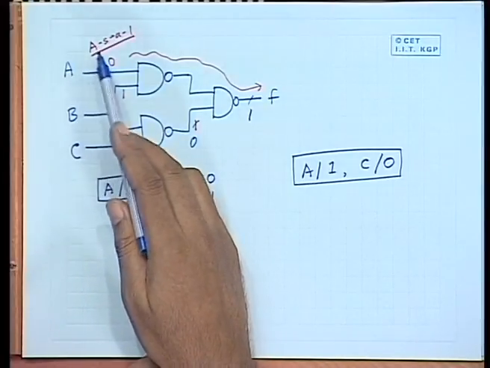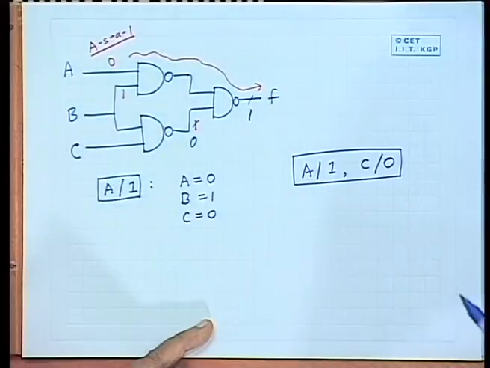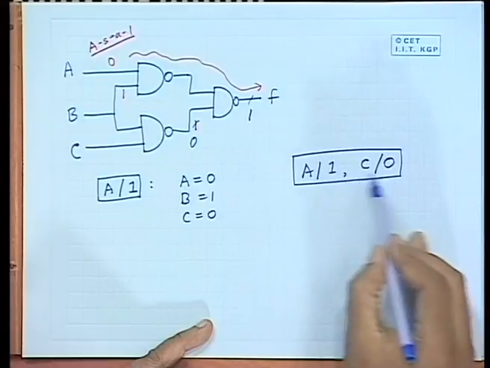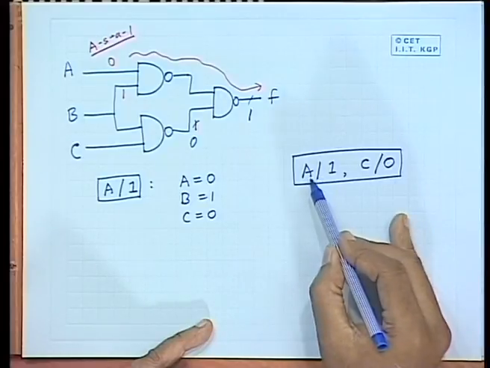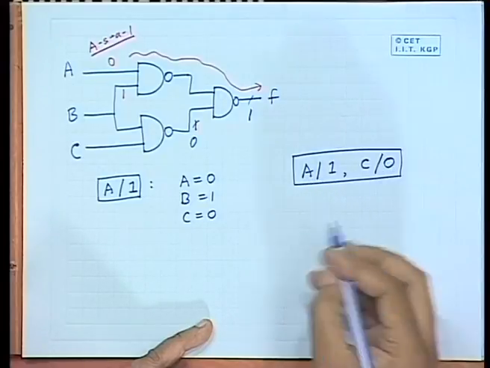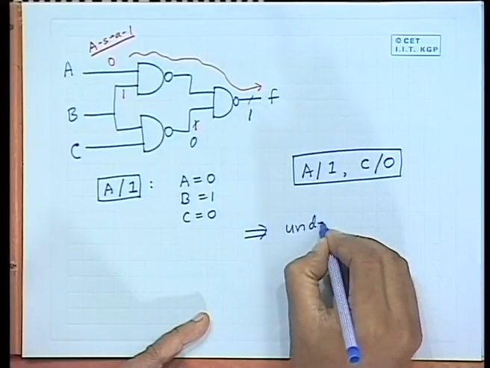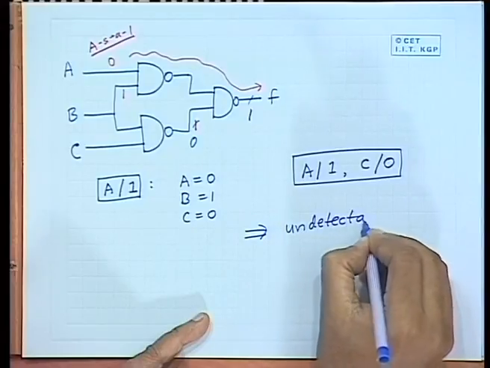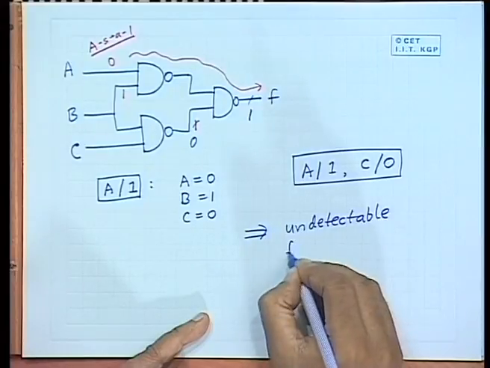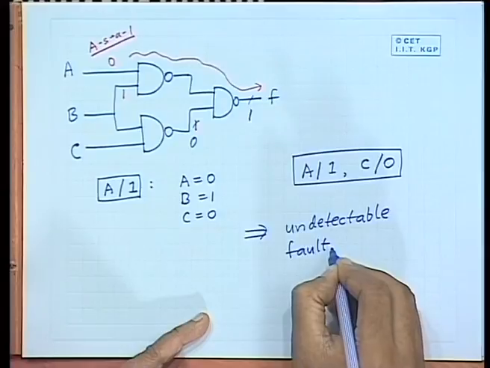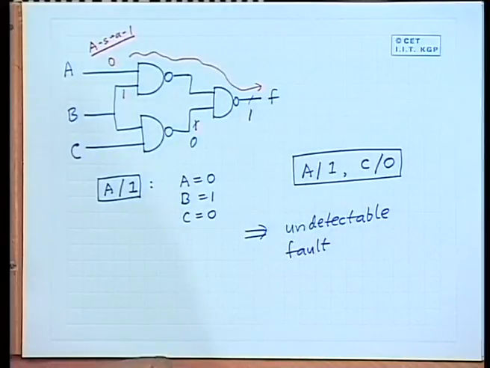So, the fault A stuck at 1 will not be detected. So, this example shows that if two faults occur together, then we can have some faults which become undetectable faults. So, a fault F1 may become undetectable if a fault F2 also occurs in the circuit. Okay, fine.